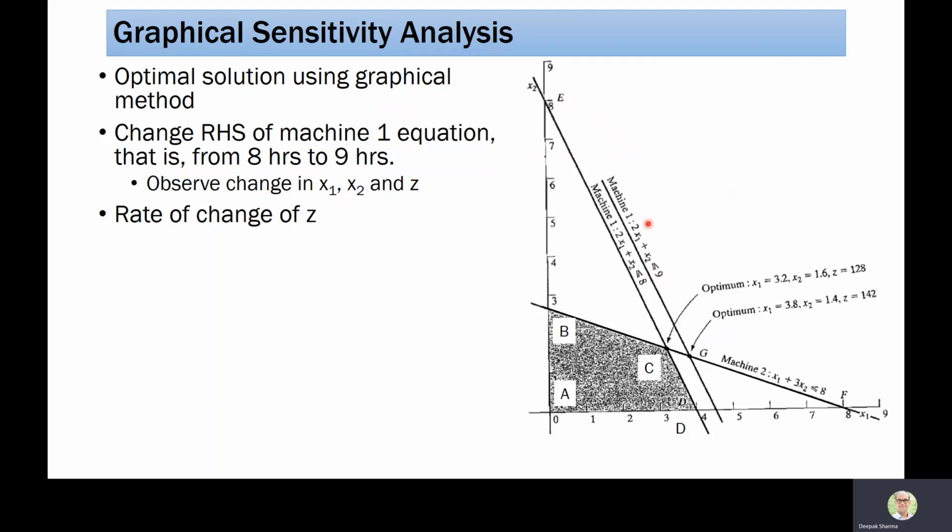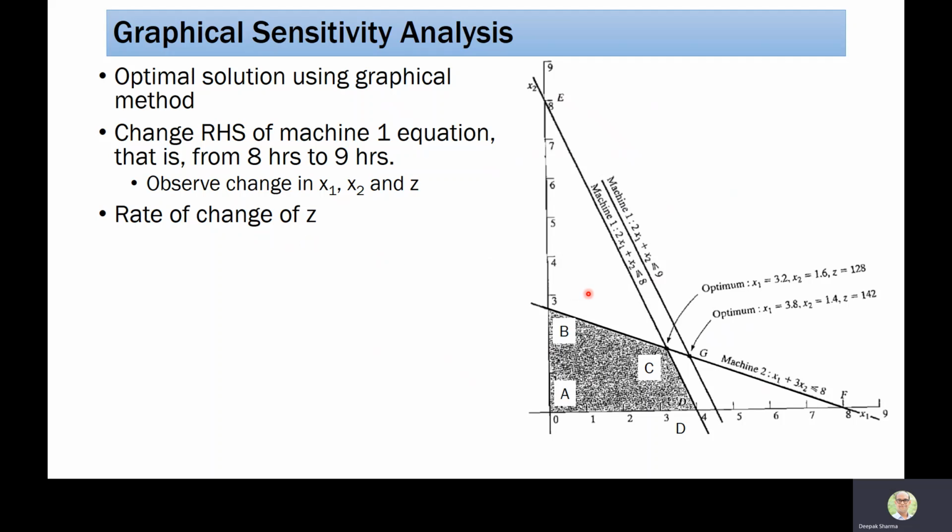The left hand side remains the same. When we change the right hand side of machine 1, or constraint 1, let us identify the change in Z.